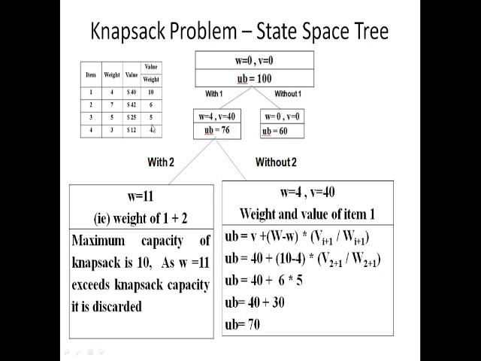That combination is 5, taken as input. 40 plus 6 into 5 is 70. As per the concept, we will calculate the maximum value among the given results. Here, as inclusion is not considered, we have to take only this possibility.